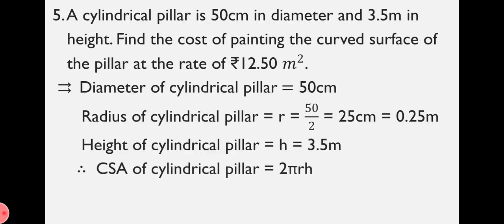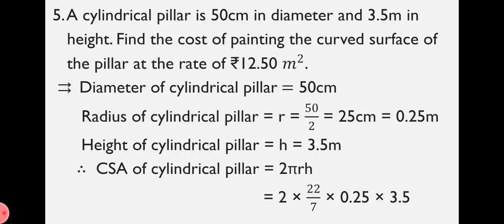Now we have to find first the CSA, because we have to find the cost of painting the CSA. Therefore, curved surface area of cylindrical pillar equal to 2 pi r h. Inserting the values, we get 2 into 22 upon 7 into 0.25 into 3.5.